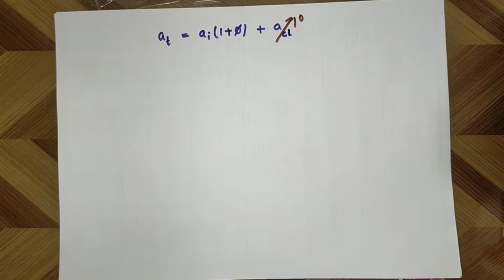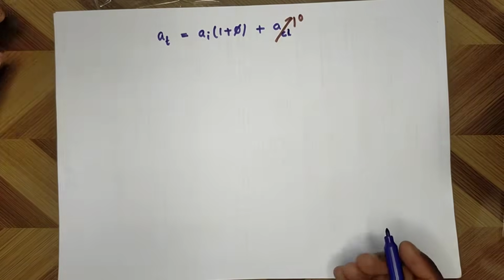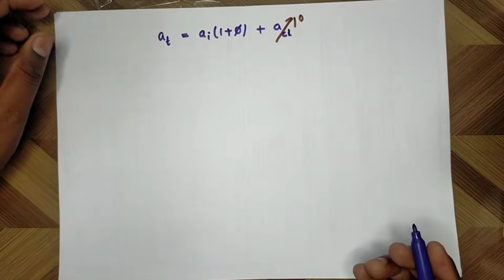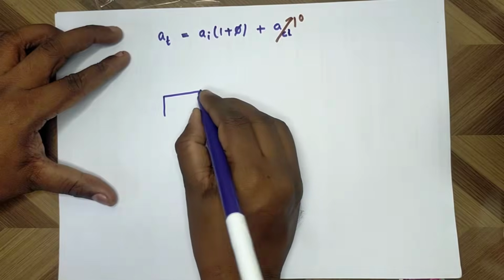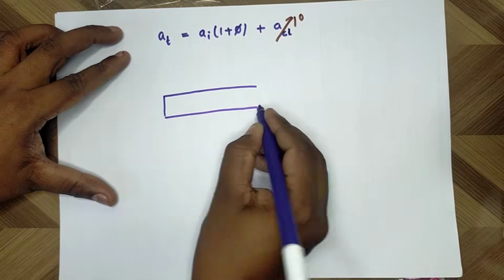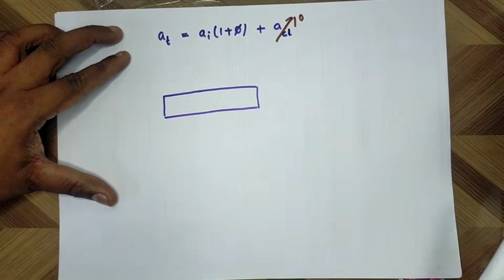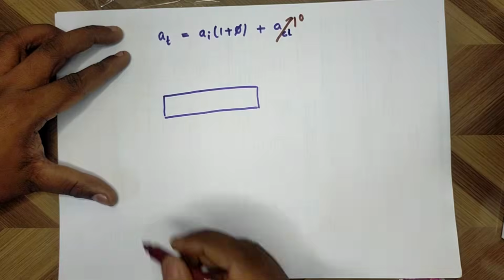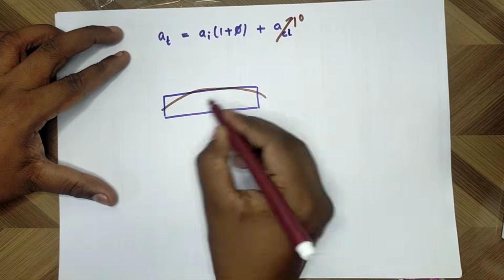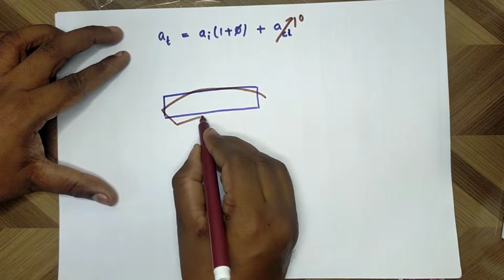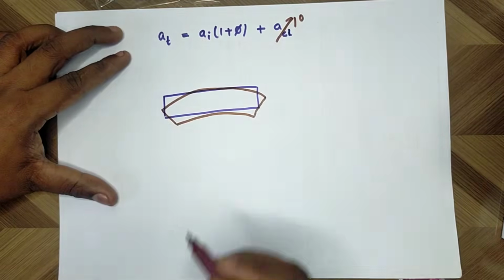If you want to discuss the deflection in terms of curvature, as we know, suppose this is the prestressing member. Due to instantaneous deflection, it may bend like this. Right?